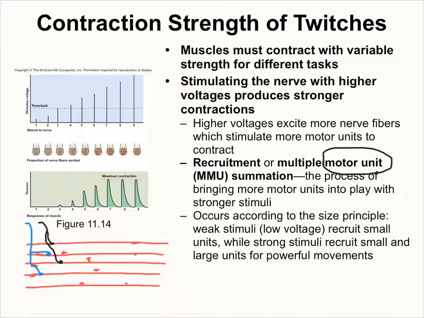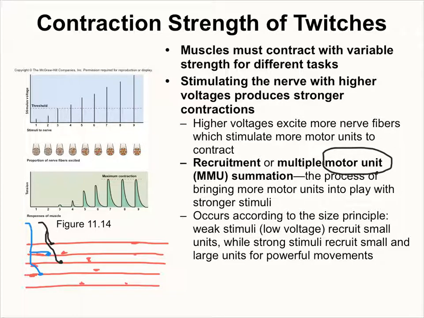And then as you keep upping the voltage, so like maybe this brings on a motor unit that controls 10 fibers, and then maybe this brings on another motor unit that does 10 fibers. So now you got 20 fibers active. And then you increase the voltage more, and now you're bringing on a motor unit that has 50 fibers.